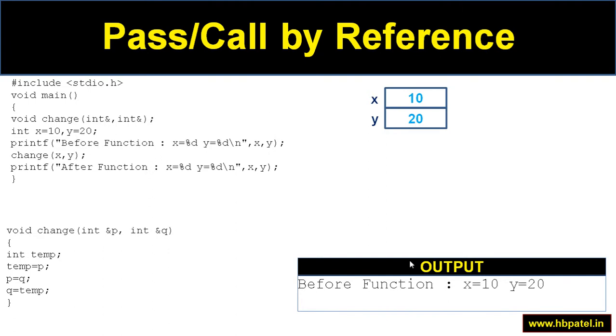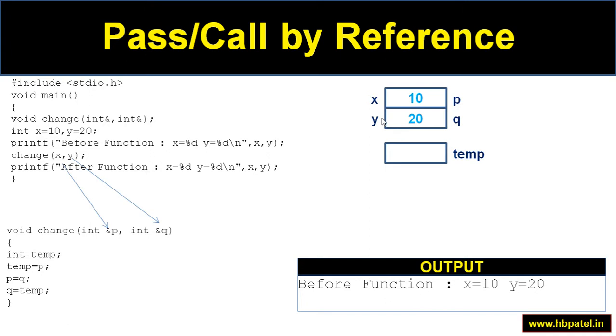So before calling the function, obviously you are going to get 10 and 20. So when I call this function, what will happen? This x is copied into p and y is copied into q. Now the difference is this p and q are not separate variables in this function, but p and q are like a second name given to x and a second name given to y. So p is another name for the variable x and q is another name for the variable y.